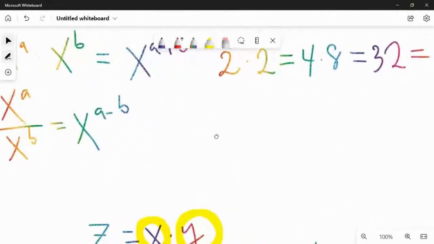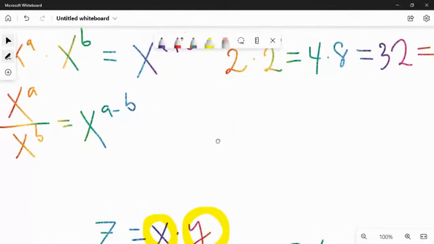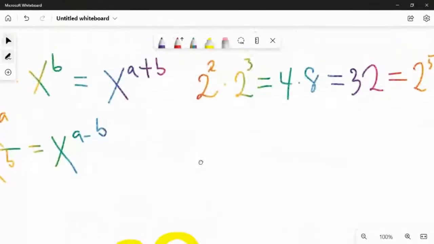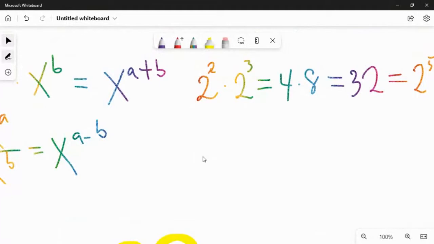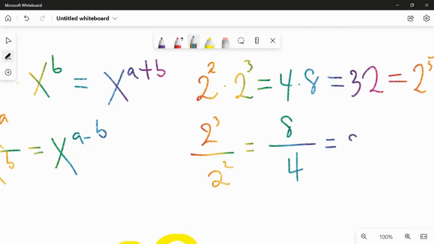And also, the second rule. When you are dividing by something with the same base, suppose you are doing 2 cubed over 2 squared. We all know that's 8 over 4, which is 2. And 2 is 2 to the 1, because it's just itself.